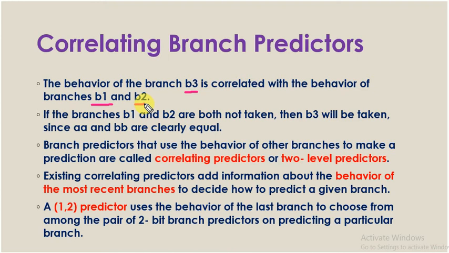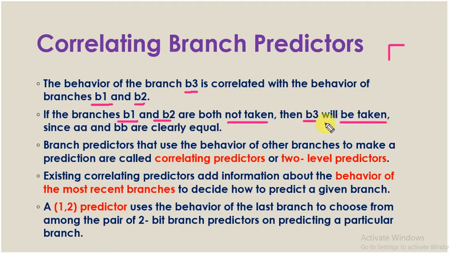The behavior of branch B3 is correlated with the behavior of B1 and B2. Now, if the branches B1 and B2 are both not taken, that means it is not going to the branch, then B3 will be taken.